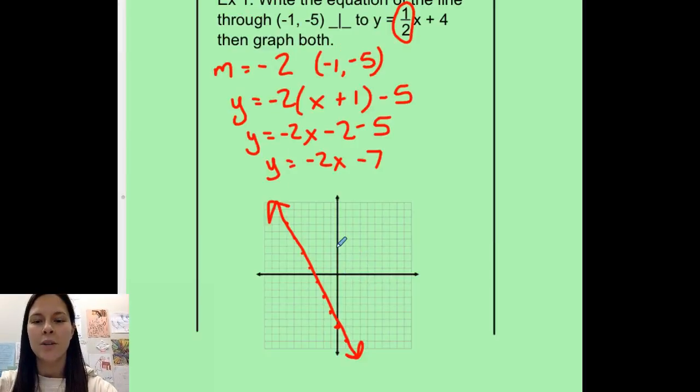Graphing the original equation, we have a y-intercept of +4 and a slope of +1/2. So our line should rise 1, run 2, or we can fall and go to the left.